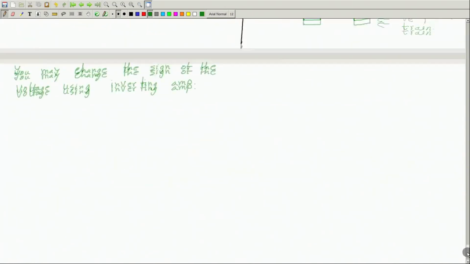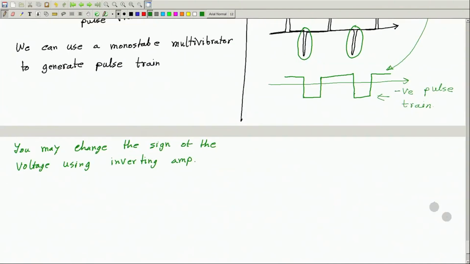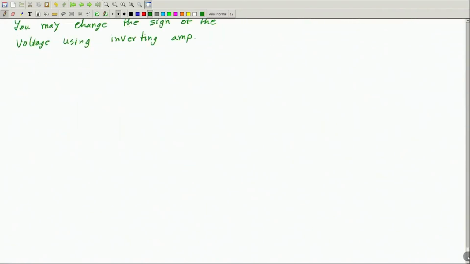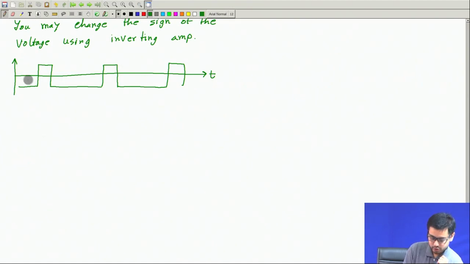Now, what else may you need? Once you change the sign of this voltage, you will get this, and this is the 0 level. You see the pulse train is normally negative and goes to positive sometimes.